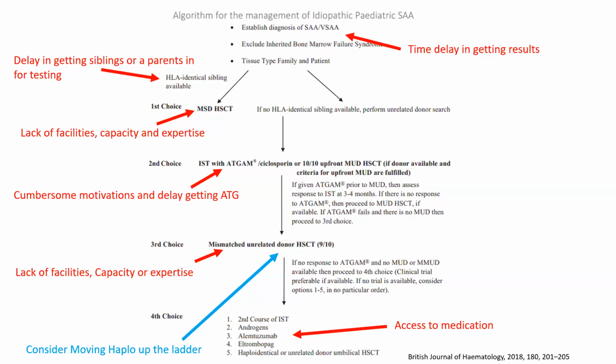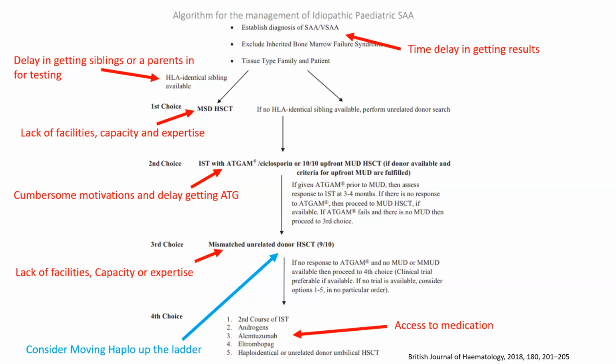The capacity is a problem. We do have excellent nurses who are very comfortable with treating children in transplant, but it's just the numbers that are the problem, and especially in the background that we're managing a full oncology service as well. To take nurses out of that service to look after our transplant patients is problematic.